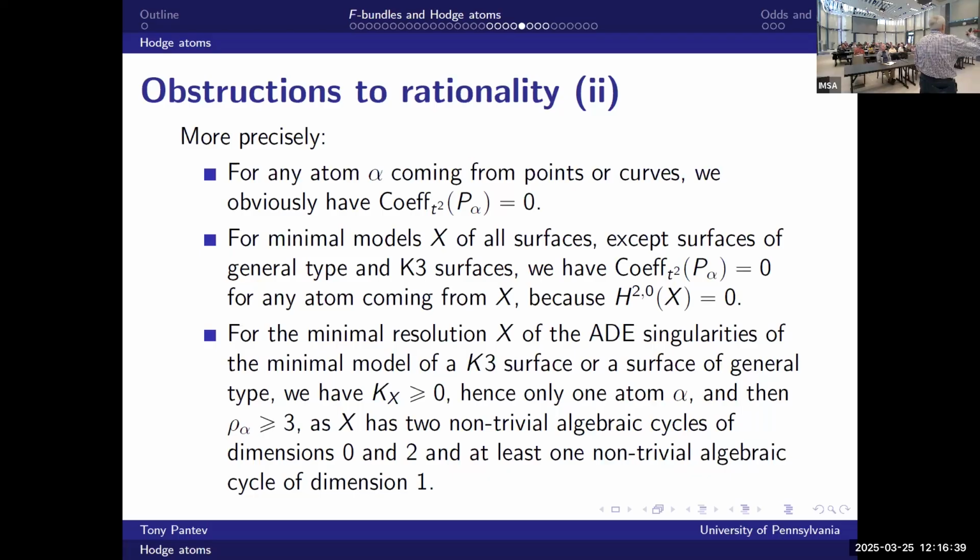We have at least the class for a point, the class for the whole variety, and the class for the canonical class. So this is basically the complete behavior of this invariance for points, curves, and surfaces.